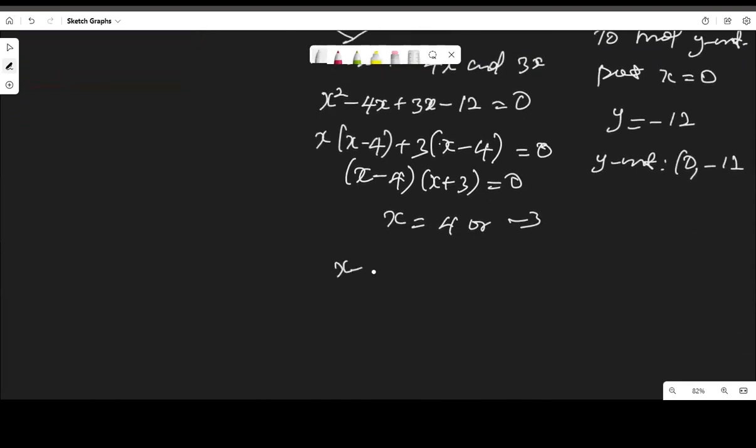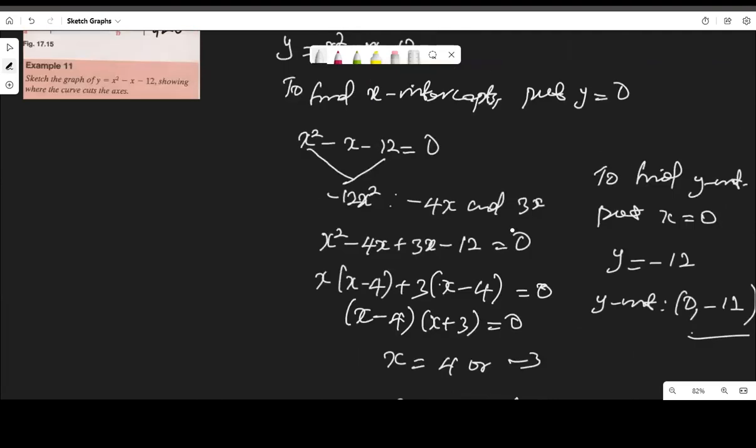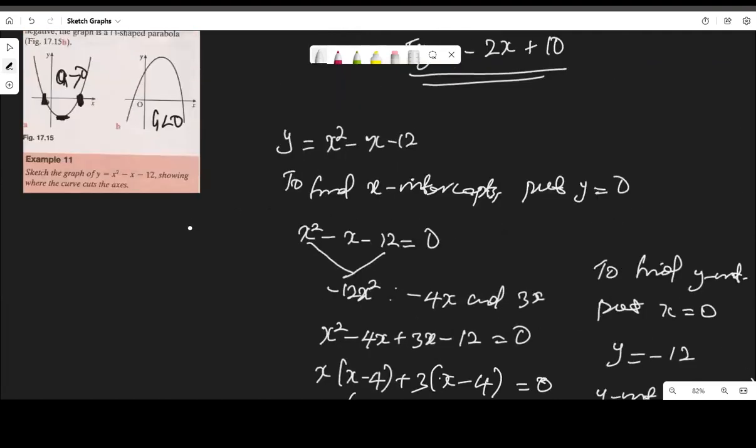The x-intercepts here are 4 and 0, then negative 3 and 0. So this point, this point, this point are what we are going to use to plot this graph.